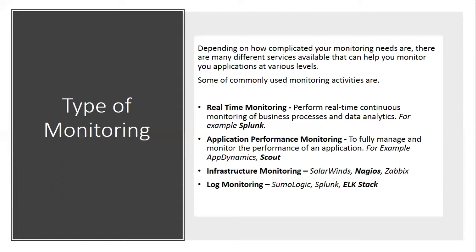The third one is infrastructure monitoring, where we are dealing with the infrastructure of the servers like CPU, memory, network, disk space, etc. So where the infrastructure needs to be monitored, we use infrastructure monitoring activities.